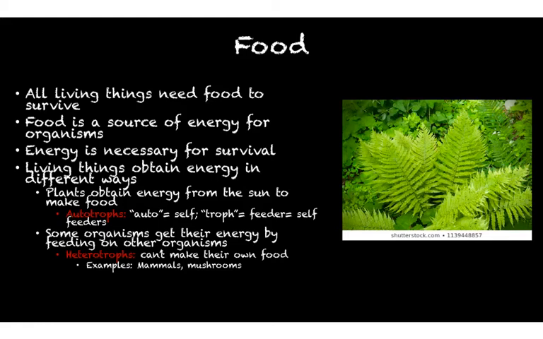Those organisms can't create their own energy. They get it by feeding off of others. So food is a source that all living things need in order to survive. Without food, living things cannot survive.